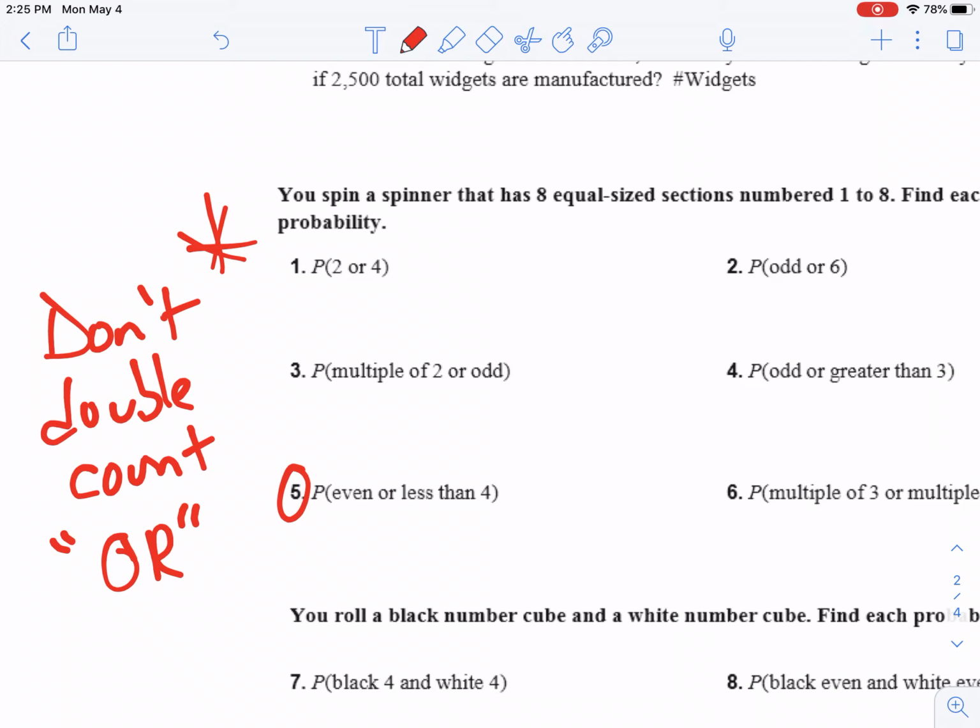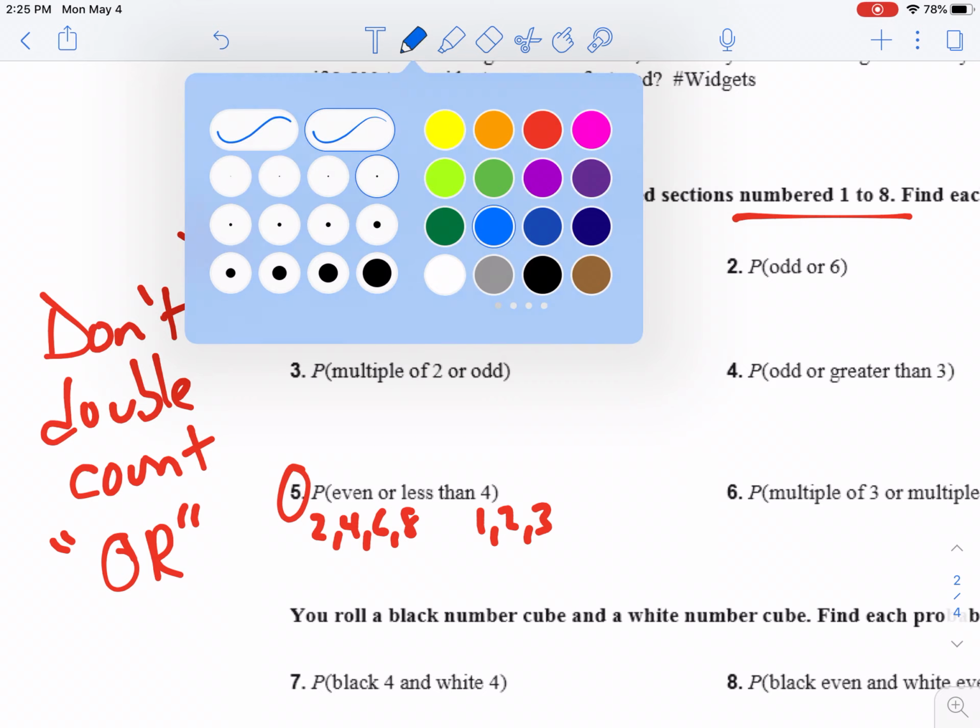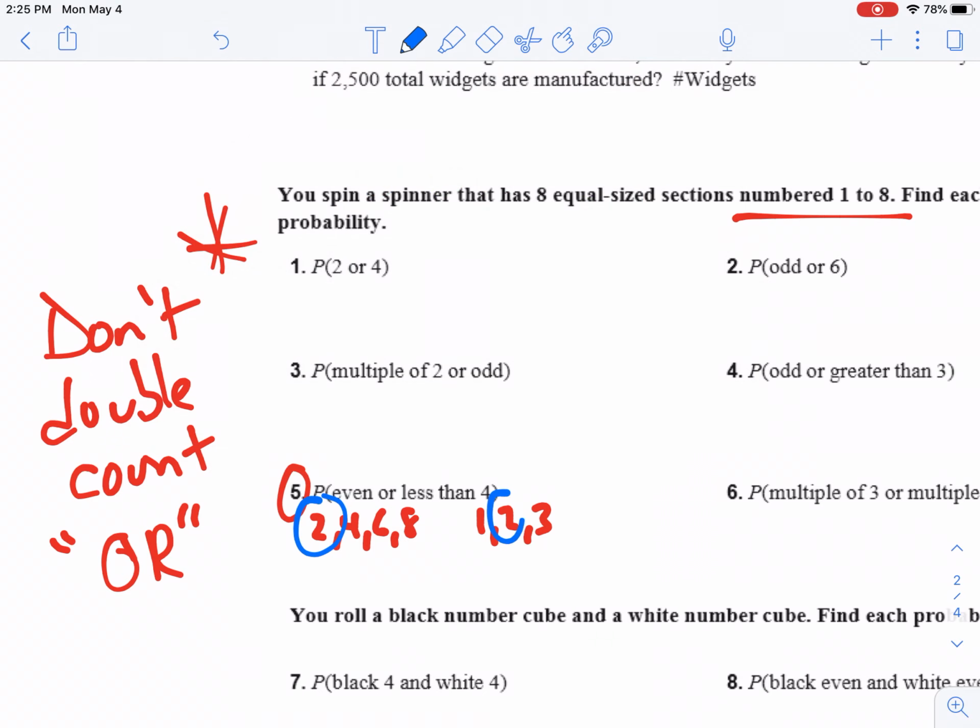So if we're numbered 1 to 8, the evens are going to be 2, 4, 6, and 8, right? The numbers less than 4 are 1, 2, and 3. Do you see how the number 2 shows up in both lists? So we don't want to double count that, okay, or else it would be wrong.